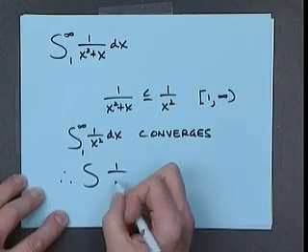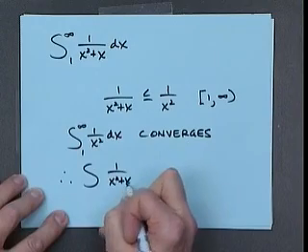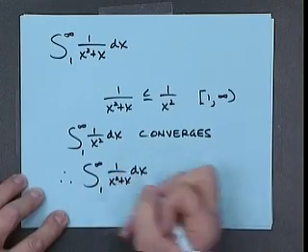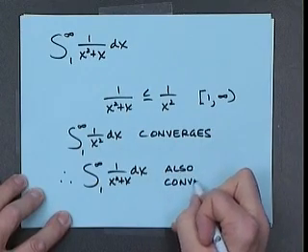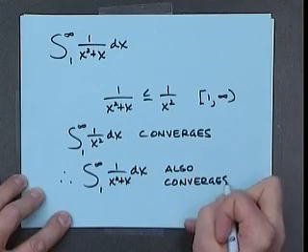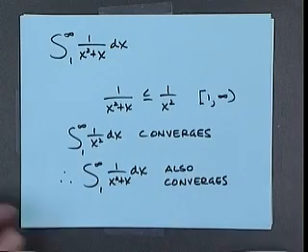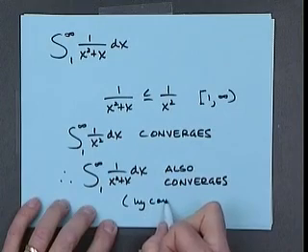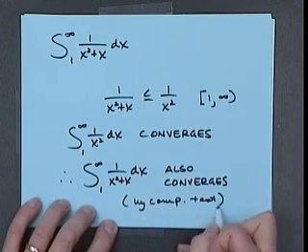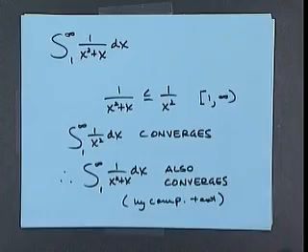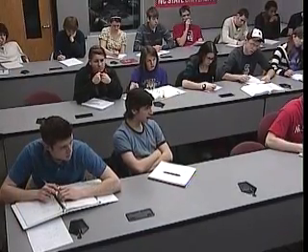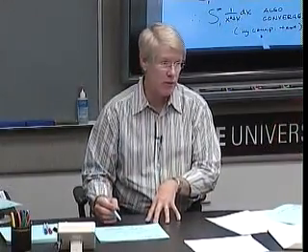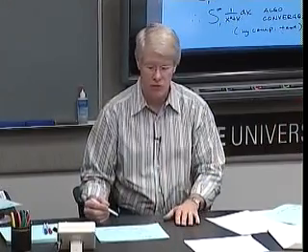Therefore, this one also converges, and if we need to put a justification, we could just say by this comparison test. Chandler, will the value of that be smaller than 1 over x squared? Probably, but that is part of where this test is not going to give us that value. But we could make that guess that that's true.